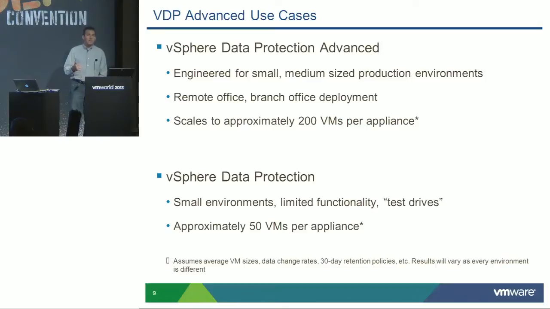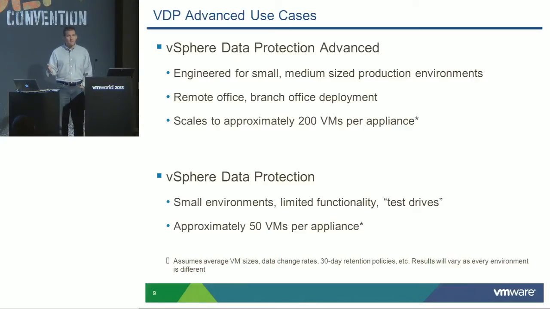Okay? As far as licensing, again, we keep it very simple. It is licensed per CPU, in other words, per socket of each vSphere host that you wish to protect. Doesn't matter how many VMs that you have out there. So for example, if I have 5 hosts in my cluster, each with 2 CPUs, I would have to have 10 licenses of vSphere. I would also buy 10 licenses of VDP Advanced to protect all of the virtual machines.